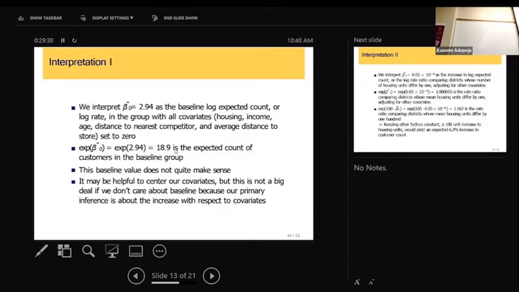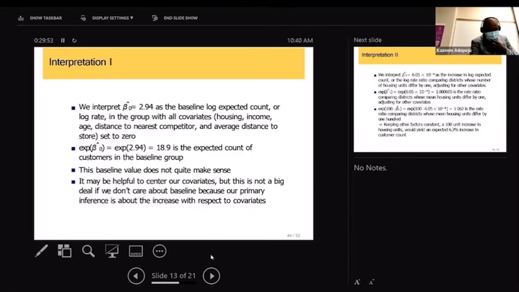But this is not a big deal if we don't care about the baseline, because our primary inference is about the increase with respect to the covariate. Most of the time, we are not interested in the intercept. We are only interested in whether the predictor is significant or not. That is our interest.